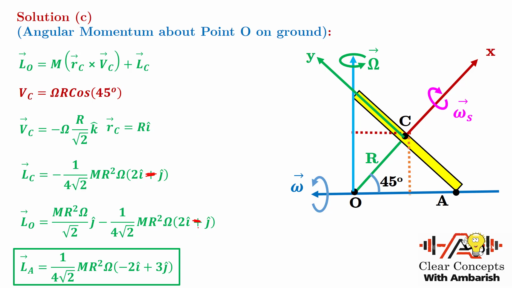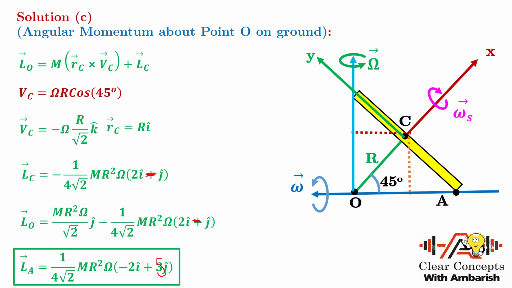There is a minus 1 over here, and if you take 1 by 4 common, there will be a 4 over here. So there is a plus 1 and there is a 4, so instead of 3 it should become 5 j cap. If you collect the coefficients properly, the i cap coefficient is going to be correct.